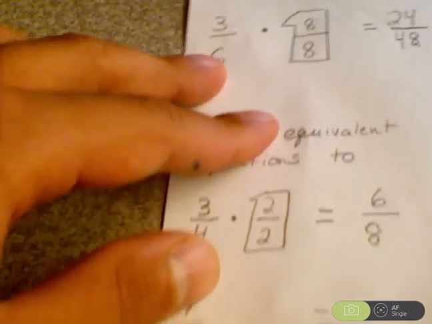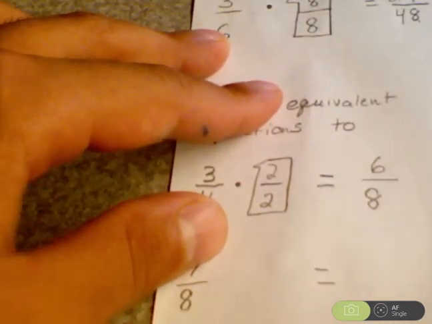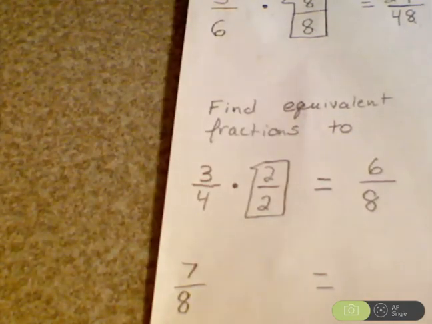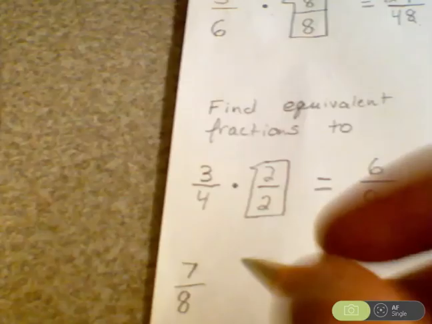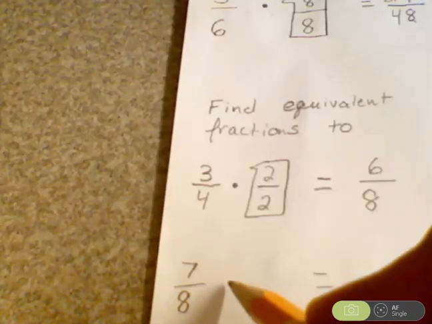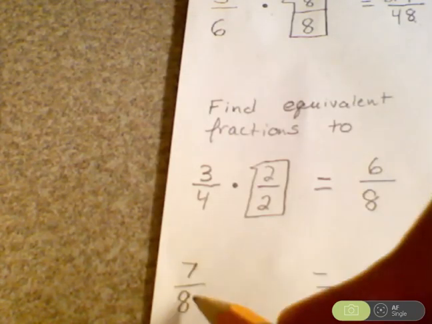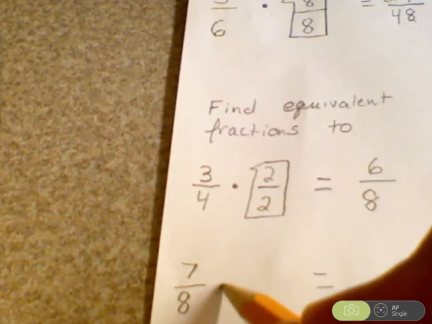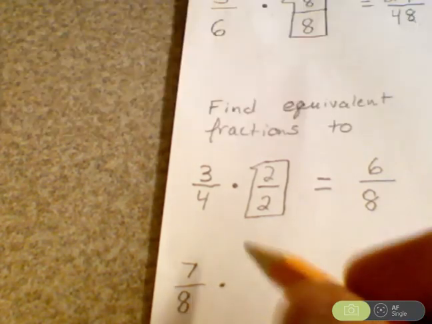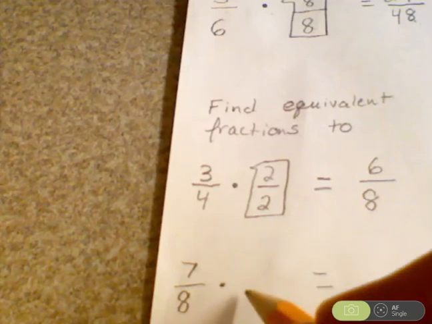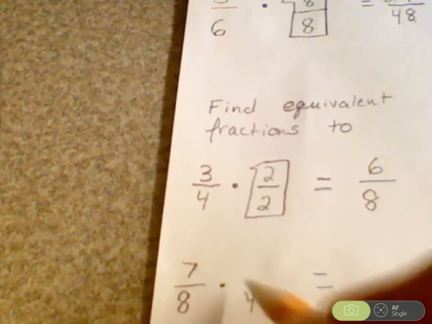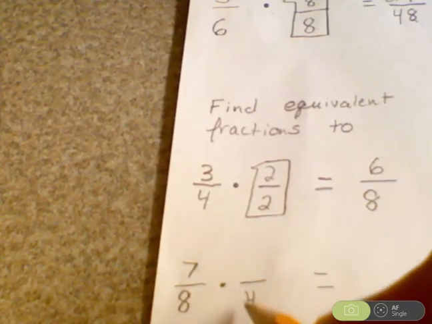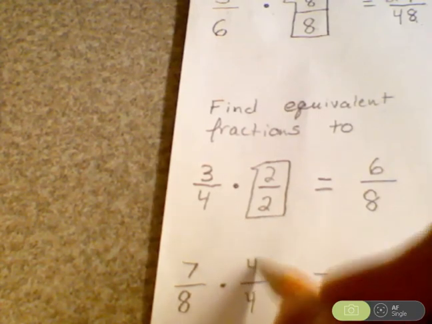All right, you try now to find an equivalent fraction to 7/8. Again, I can take the top and the bottom, the numerator and the denominator. I can multiply that by whatever number I want if I want to find an equivalent fraction. It just has to be the same number. So let's say I want to take this times 4. That means if I take it times 4 on the bottom, I got to take it times 4 on the top.